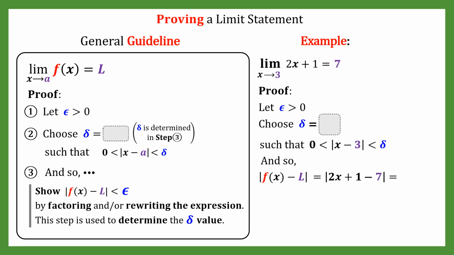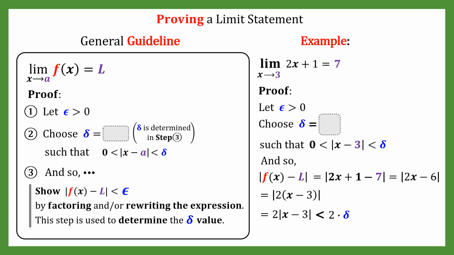This equals the absolute value of 2x minus 6, which equals the absolute value of 2 multiplied by x minus 3, which then equals 2 times the absolute value of x minus 3. At this point, recall, the absolute value of x minus 3 is less than delta. This means our expression is less than 2 times delta.